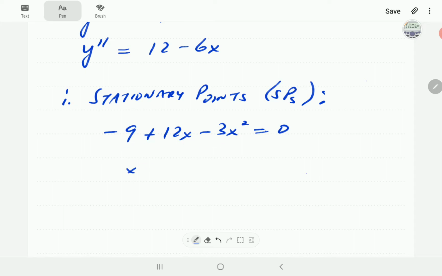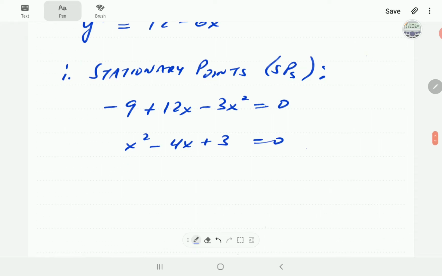So in fact, if we divide by negative 3, this is going to be x squared minus 4x plus 3 equal to 0. And then this is factorable. This is x minus 1 into x minus 3. So this is telling us that either x is 1 or x is 3.